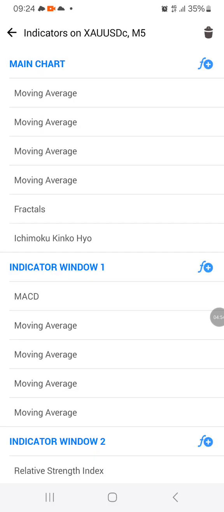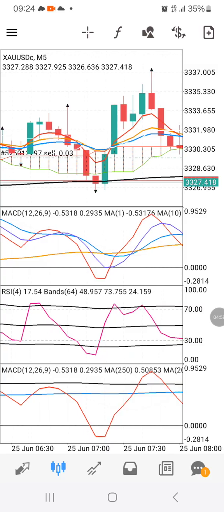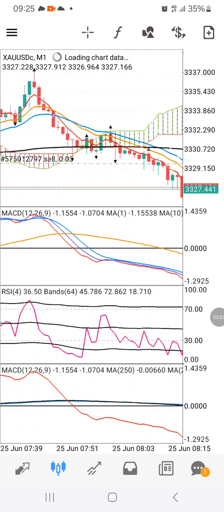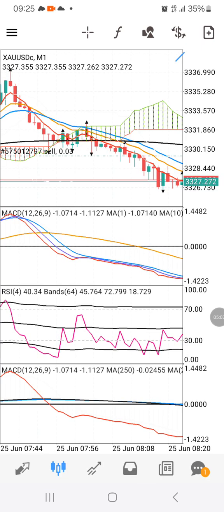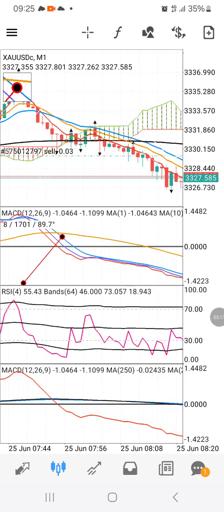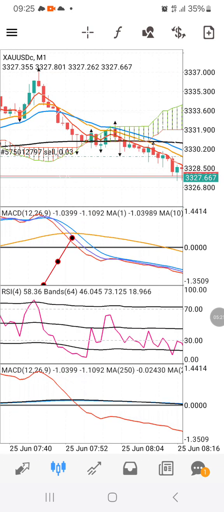Color is purple. Now, how does this strategy work? On the 1 minute time frame, for instance, when the red, purple, and blue linear moving averages cross below the orange moving average, that's a good place to sell.